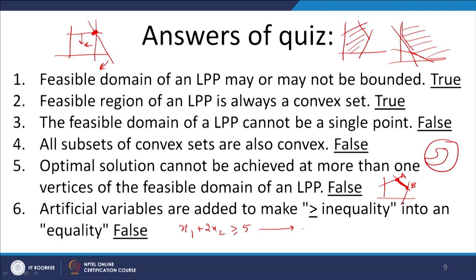So, what do we do? We subtract a surplus variable so that it becomes an equality. So, this artificial variable is wrong, and in its place we should write a surplus variable is subtracted.